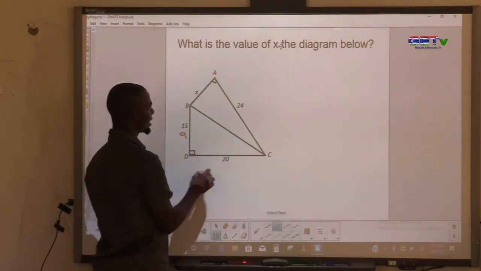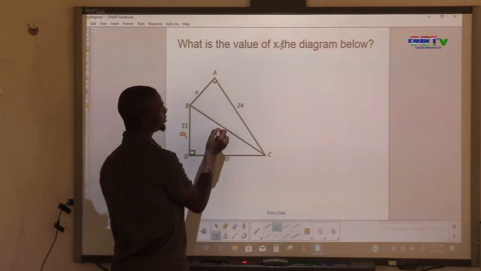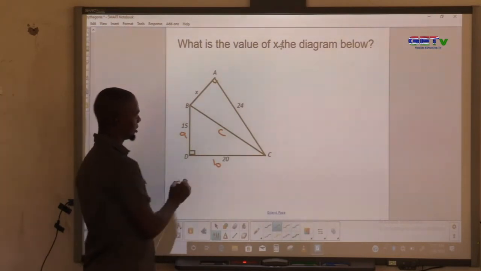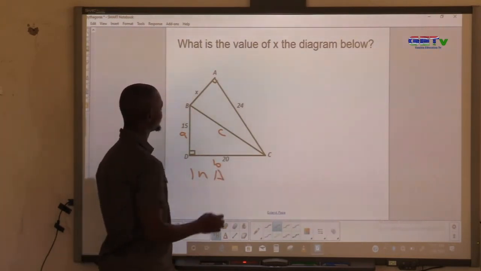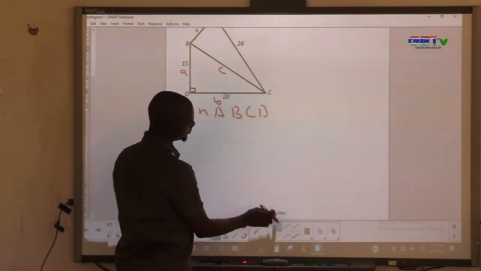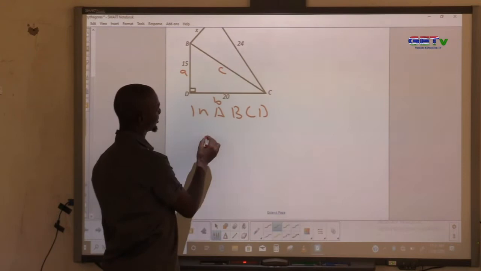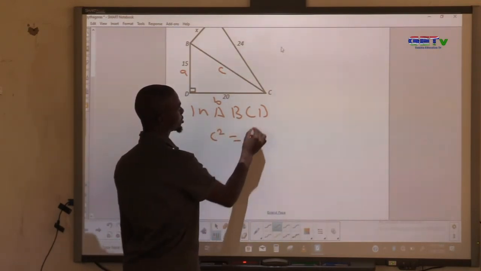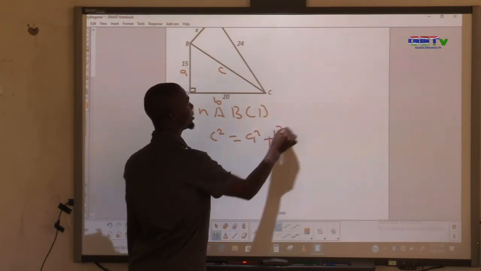We'll have A here, here will be B, then this will be our C in triangle BCD. So we use the Pythagoras theorem, that is C square is equals to A square plus B square.